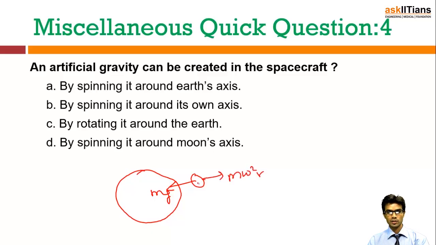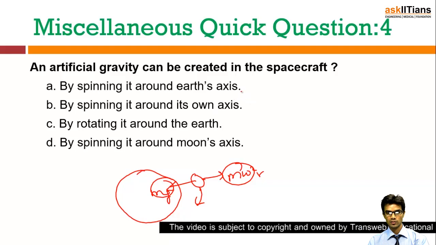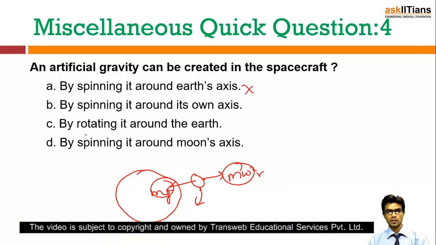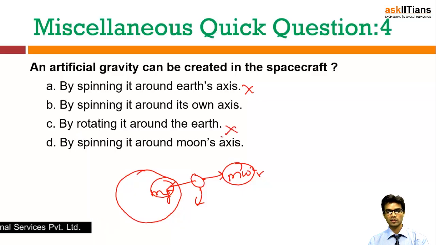If it rotates around the Earth, both are always balanced, so this is not the answer. Spinning it around the Moon doesn't matter either.